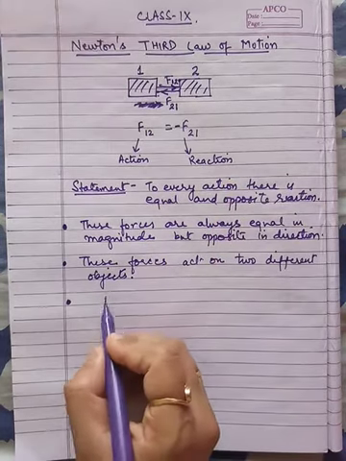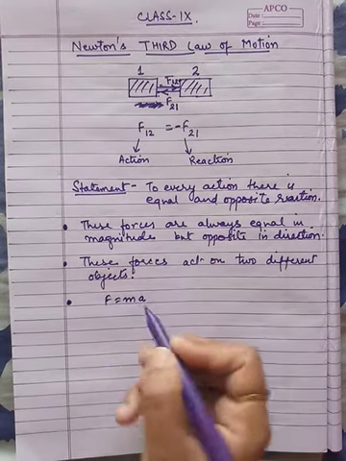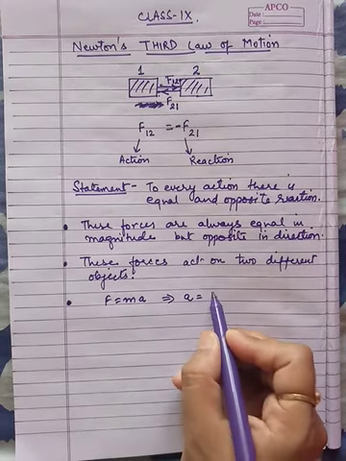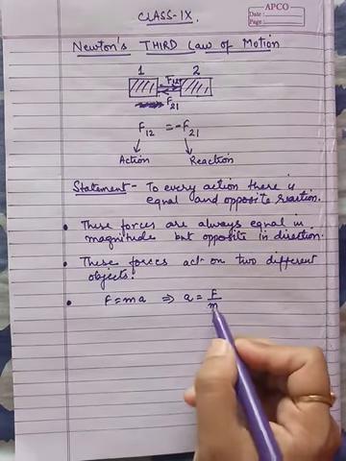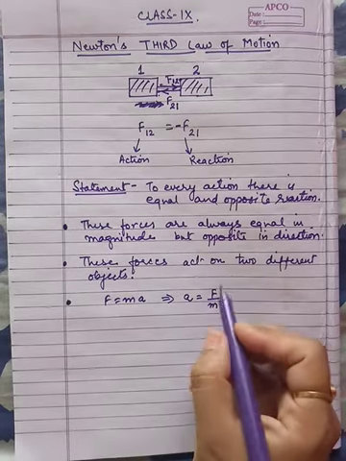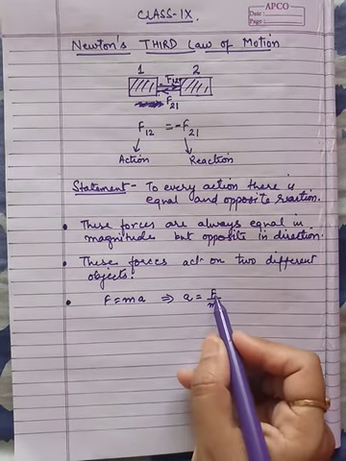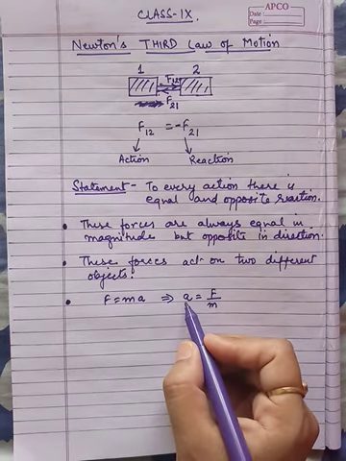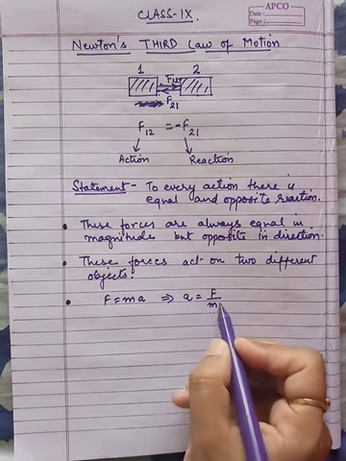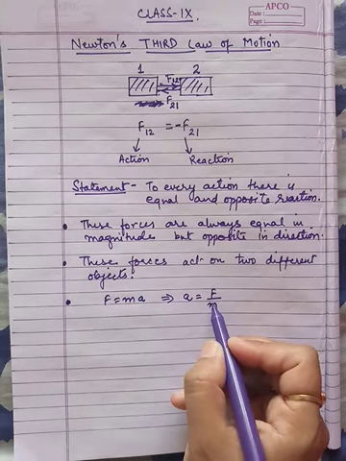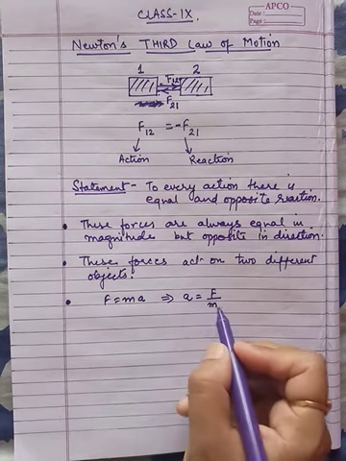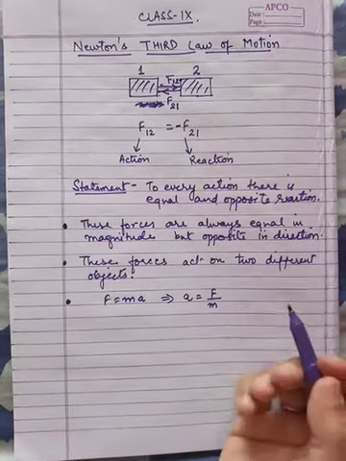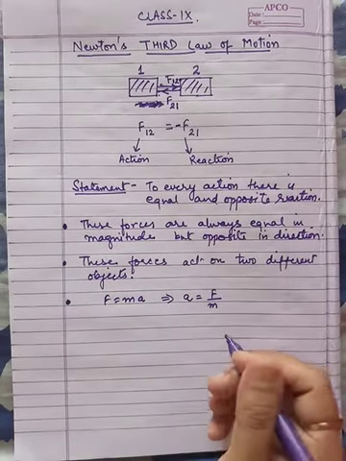Why? Because F equals m into a. So it means the acceleration produced depends upon the force, and it also depends upon the mass. If the forces are equal, that doesn't mean the acceleration produced by that force is always the same. It may depend upon the mass. If the masses are equal, then the acceleration will be the same, but the masses may differ because the objects are different, so the acceleration produced may be different.